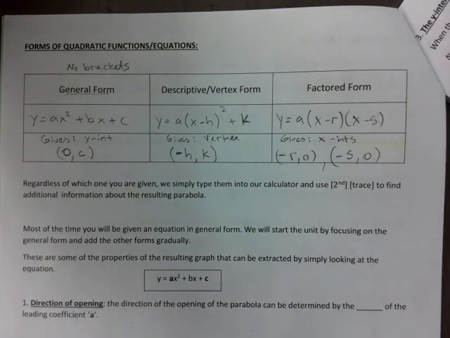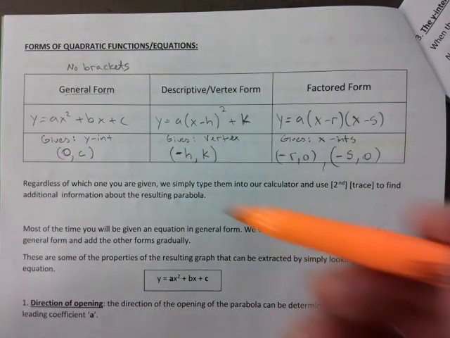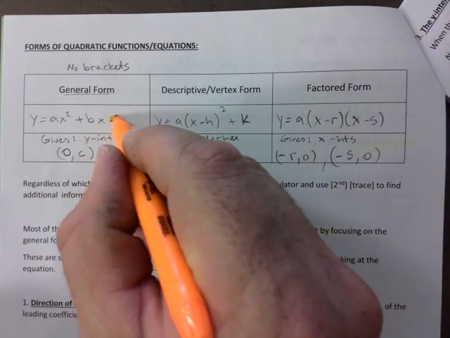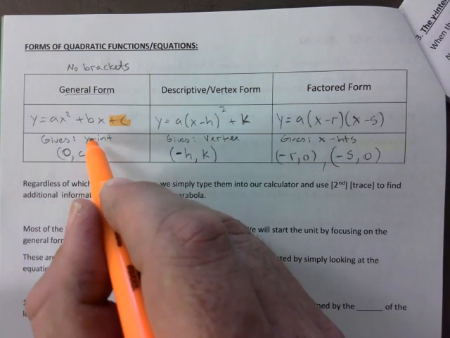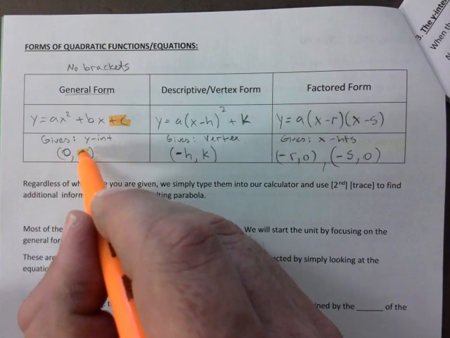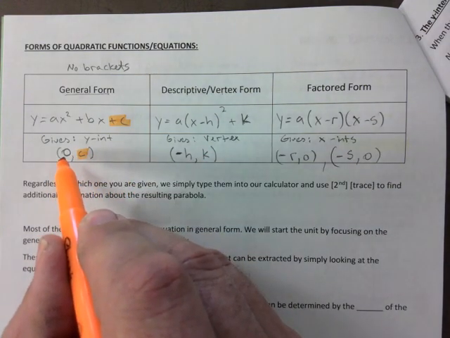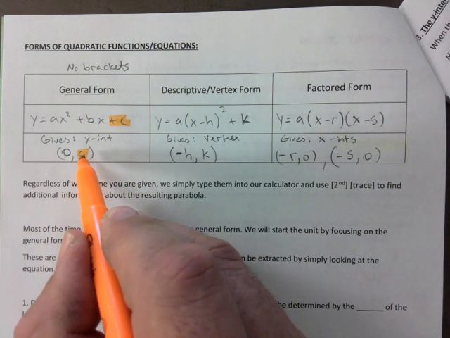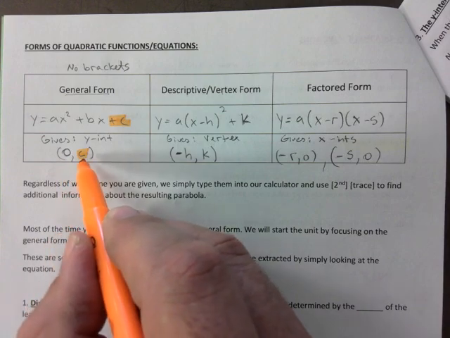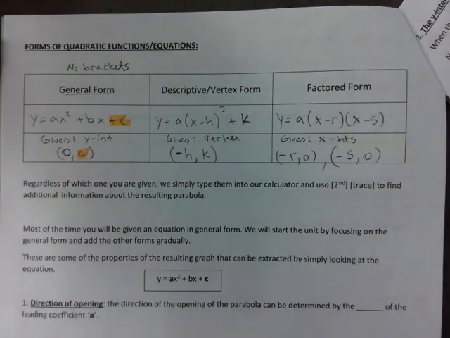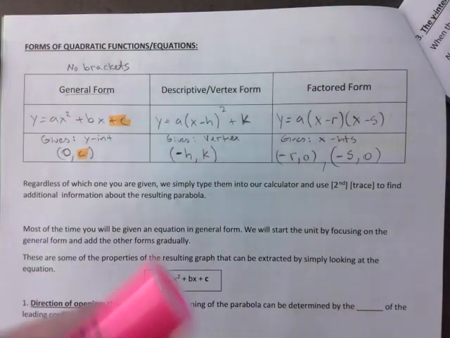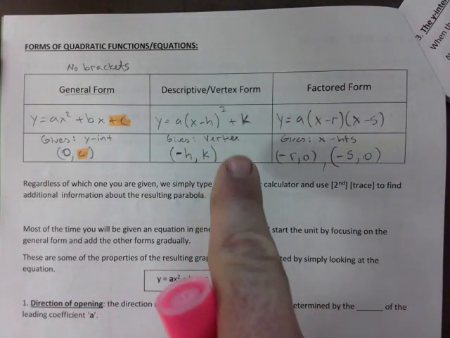Now, the highlighter here, if you have one, I'm just going to say, hey, when I know it's in general form, I can come up with a y-intercept and just go, the coordinates of that intercept would be 0, c. The coordinates of where it crosses the y-axis is going to be 0, c. Then you have the other one, the vertex form.